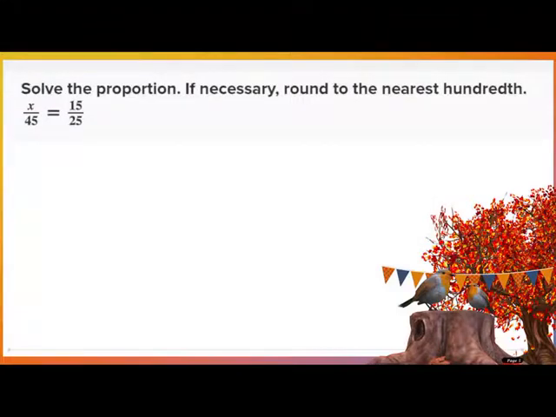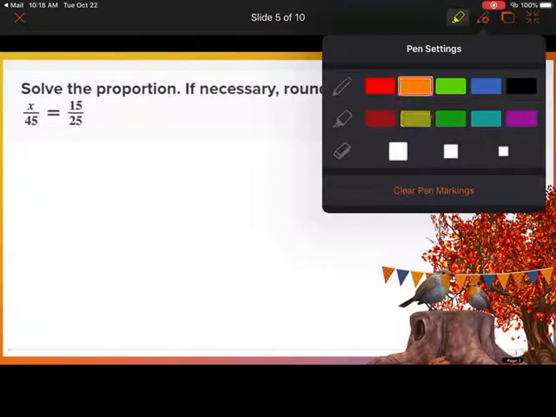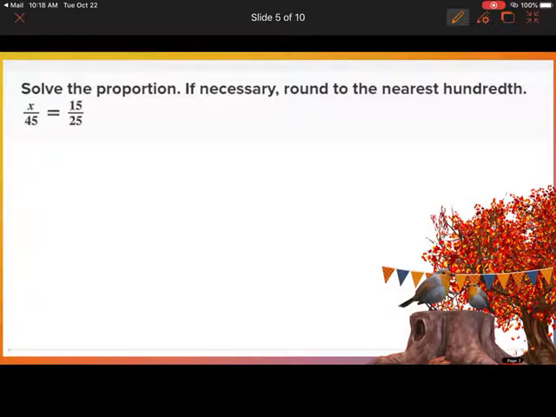So solve the proportion, if necessary, round to the nearest hundredth. We're going to do this two ways. I am going to do this as I would any equation, which means I want to isolate the variable, or get the variable by itself, by doing the opposite operation. So that's divided by 45, which means I'm going to multiply both sides by 45.